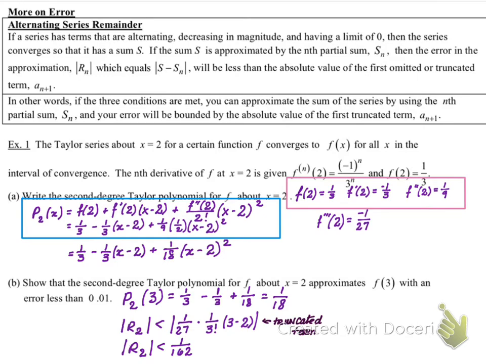So here we do our calculations and we discover that r sub 2, or s minus s sub 2, is less than the first omitted or truncated term, which is 1 over 27 times 1 over 3 factorial times 3 minus 2, which simplifies to 1 over 162, which is definitely less than 1/100th. So we definitely have an error less than 1/100th.